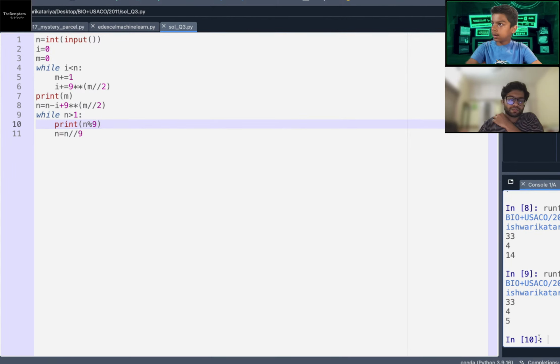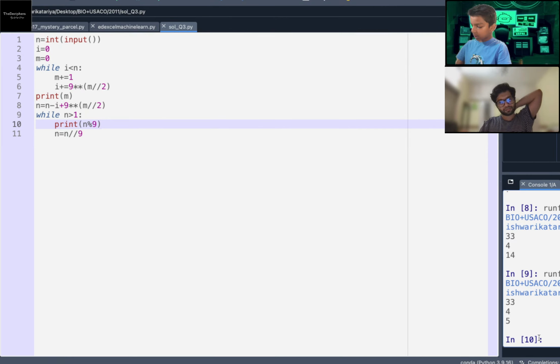So 33. Okay, that's the 4 and then 5. 33 mod 9 equals, 33 divided by 9, that's equal to, I think that's supposed to be a 6.